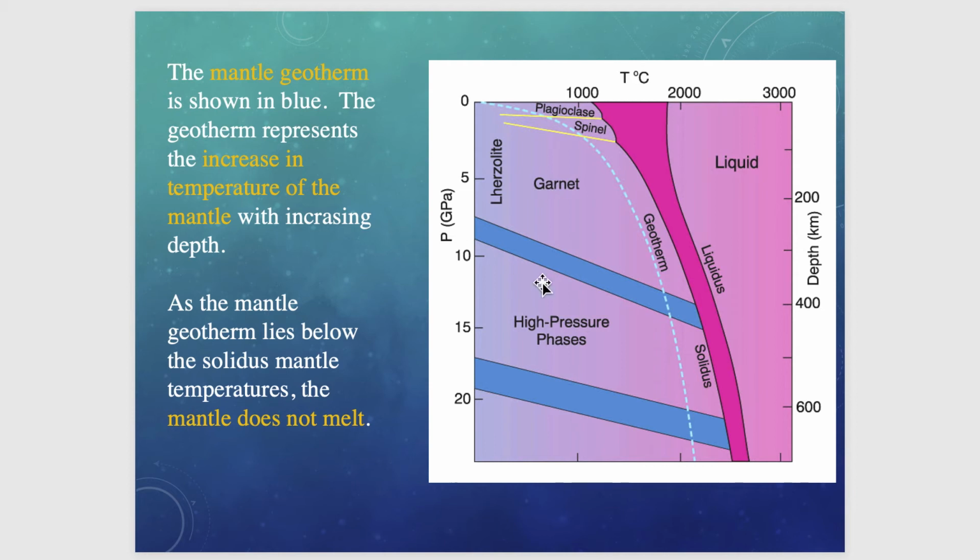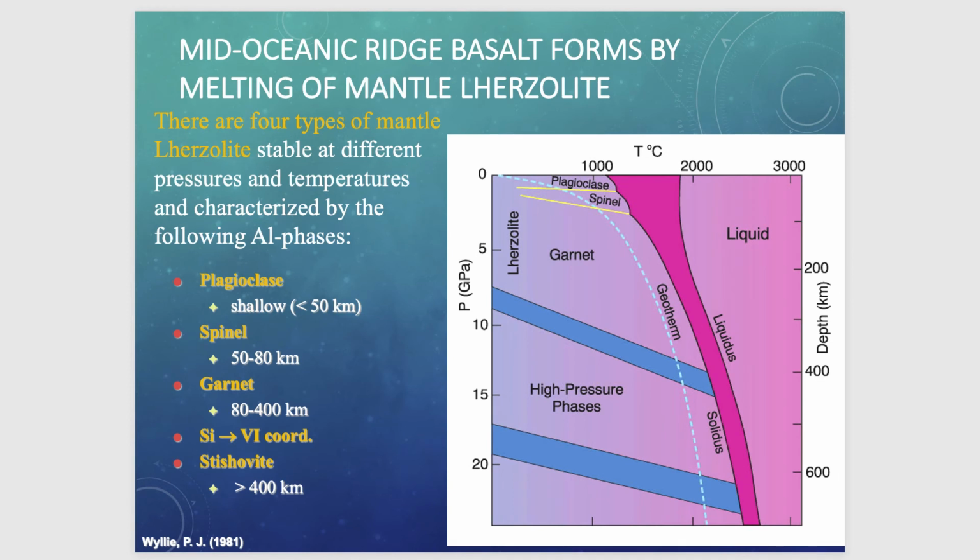but still you have different minerals that will form depending on the conditions or will be present and represent this precursor rock, which is the lherzolite. So here you have a better illustration of the different mineralogy.